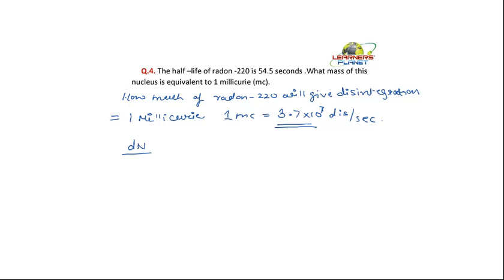So your dN by dt is equal to lambda N. Now what is your N over here? This N is equal to the number of atoms of the radioactive element.